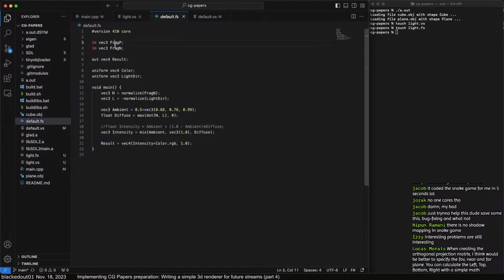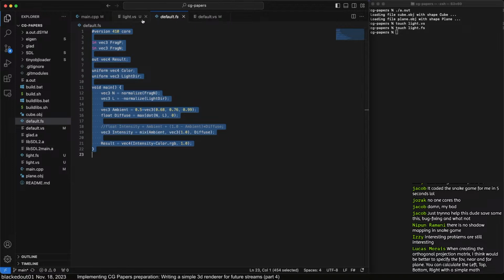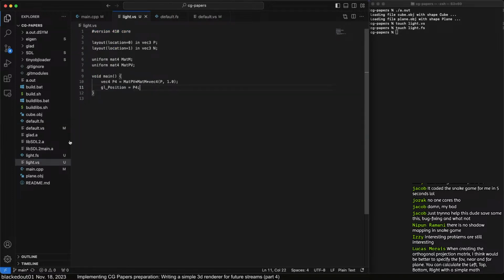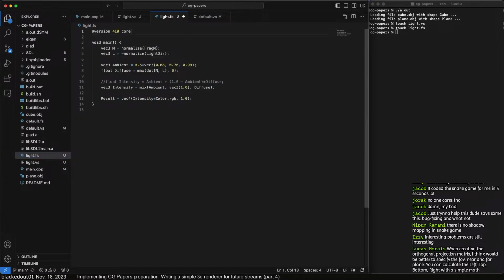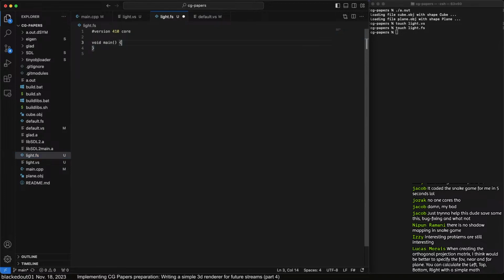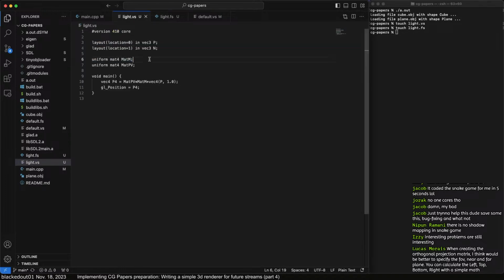So in the fragment shader, we basically do nothing. This is what the fragment shader looks like. We don't output a color because we don't specify the color buffer. We only want to output a depth value, but that's what OpenGL does automatically. We don't need to do that. So this is just empty. And yeah, this is just a point transformation.